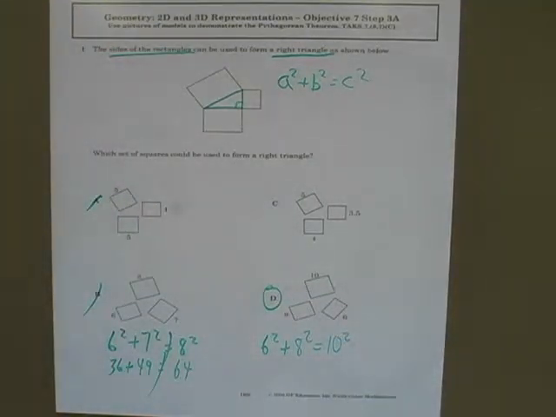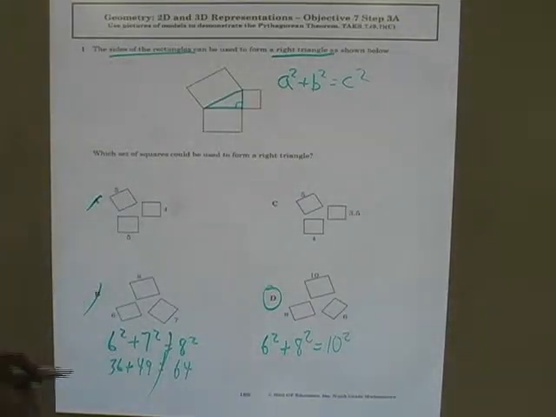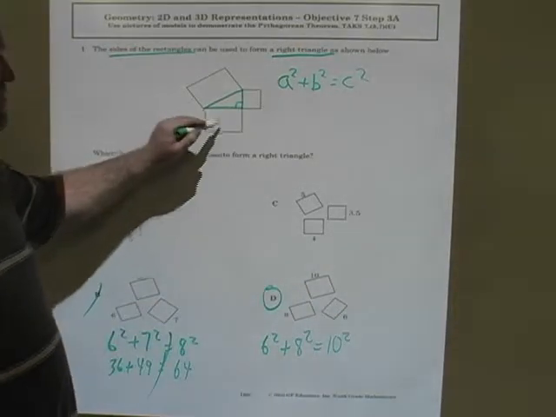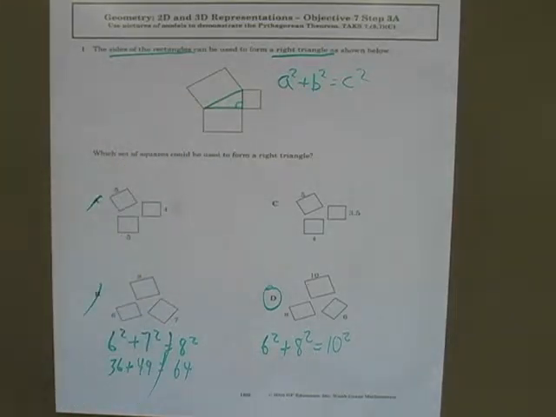If you're not sure, go ahead and check it on your calculator. You'll see that that is true. Okay? So those could be the sides of these rectangles up here that would make that a right triangle.